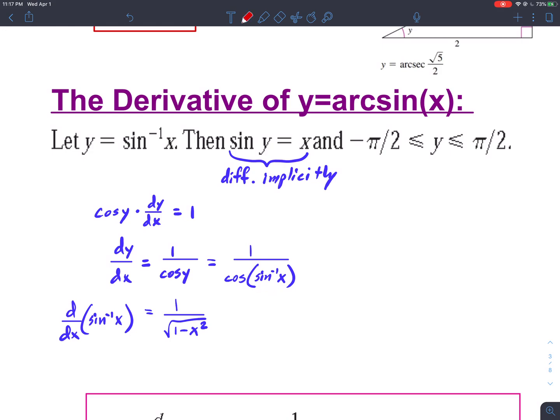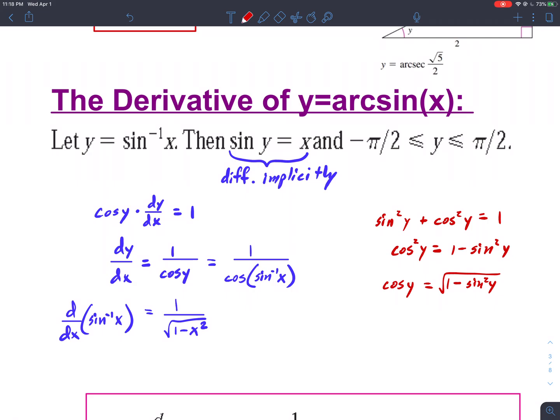Let's do this. Remember our Pythagorean identity, sine squared y plus cosine squared y equals 1, right? Then cosine squared y is equal to 1 minus sine squared y, and cosine of y is equal to square root 1 minus sine squared y, right?